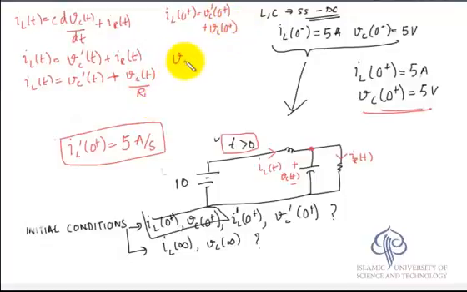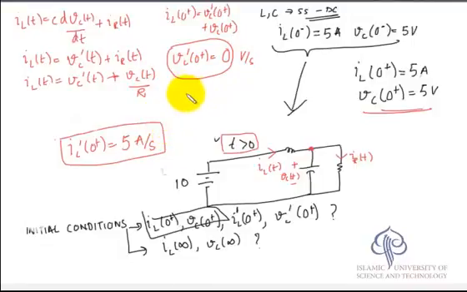So this gives us vC'(0+) is equal to iL(0+) minus vC(0+). So iL(0+) is 5, vC(0+) is 5. This is 0 volts per second. So this is another quantity that we wanted. We wanted the derivative of the capacitor voltage.